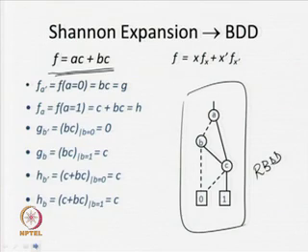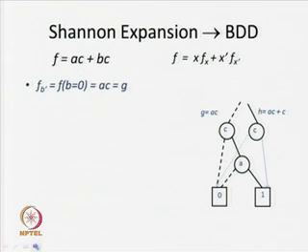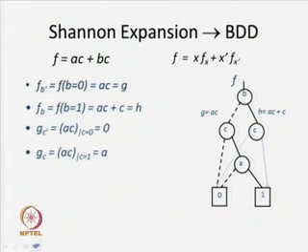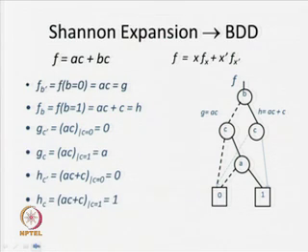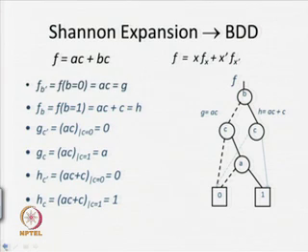Now, the same function I can do in another way. Okay. Now, what we are doing basically is applying this particular Shannon expansion in a different way. First, I am applying this on the particular variable b. So, this is b. After taking the decision on b, I am going to take the decision on c.